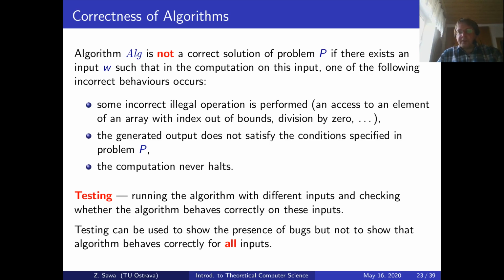Of course, we will never be 100% sure that the algorithm is correct, because there could be some bug in the proof also. But when we have some kind of proof of correctness, we are much more sure that the algorithm is correct.